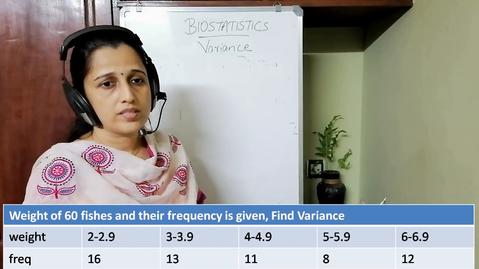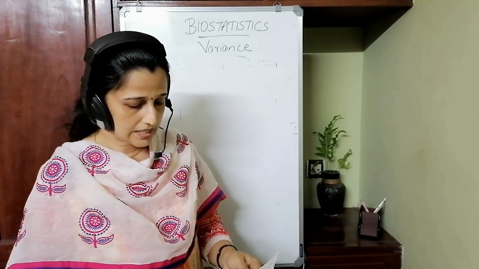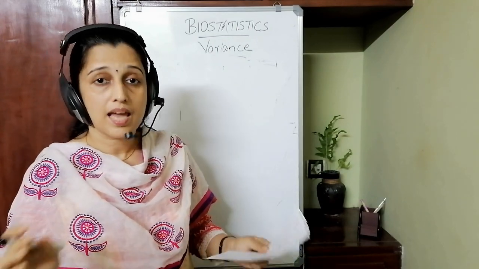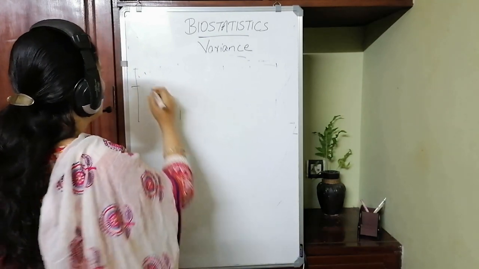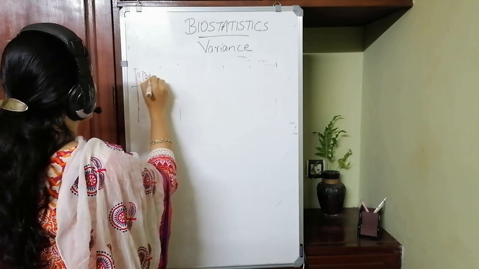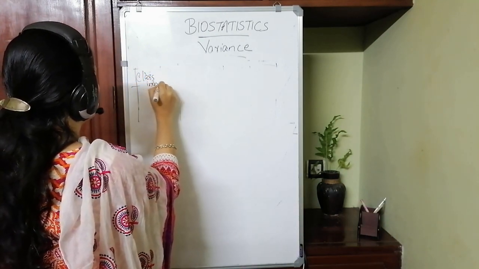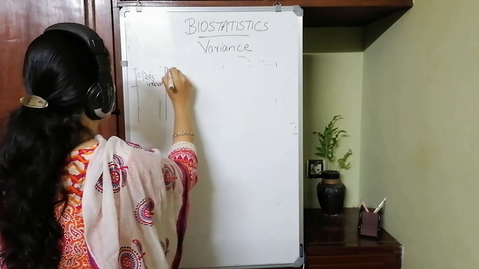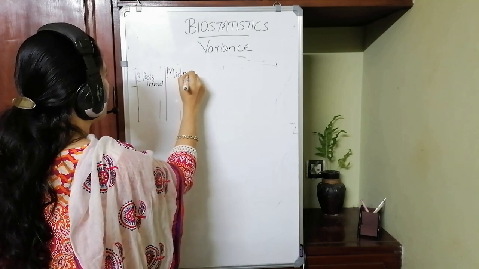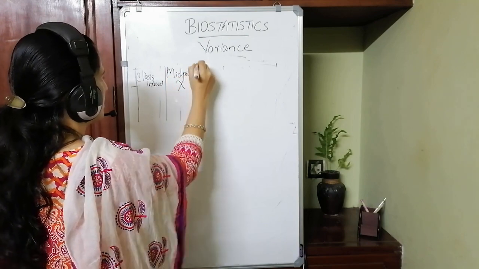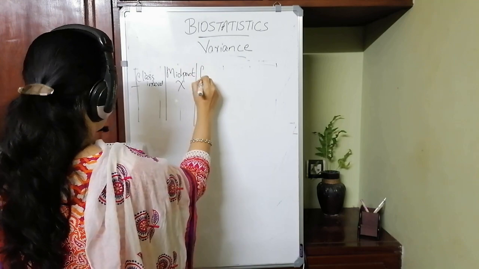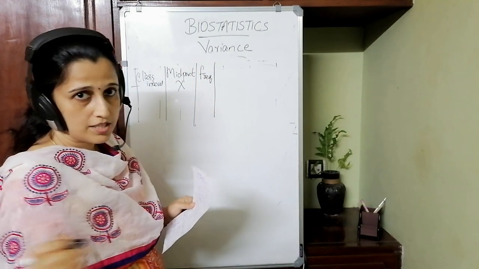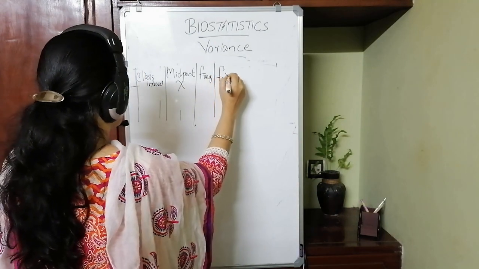A question is given here which shows the weight of 60 fishes. The first step is to make a table with 6 columns. The first shows the class interval, and the second column is the midpoint, which is x. Then the next column is for the frequency, then f into x.